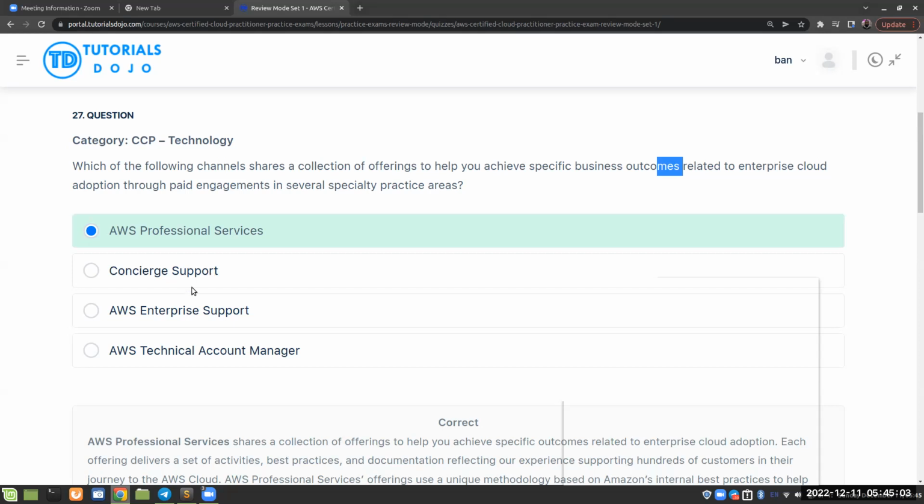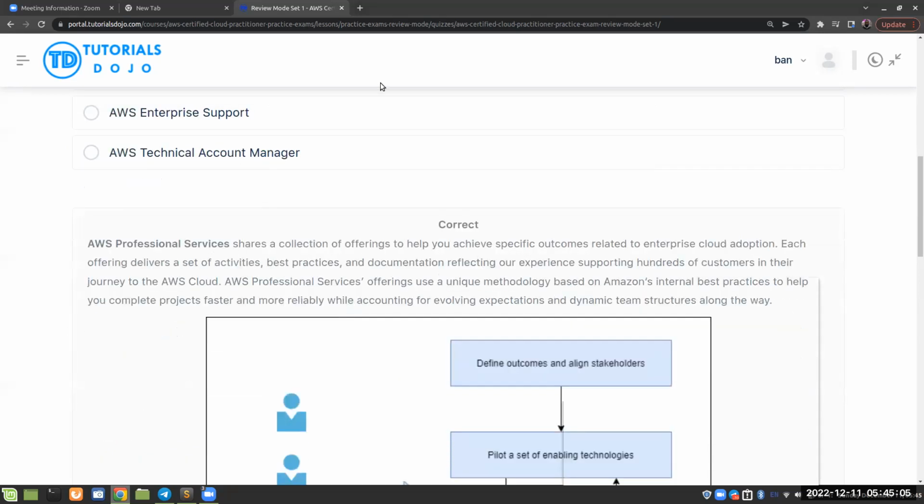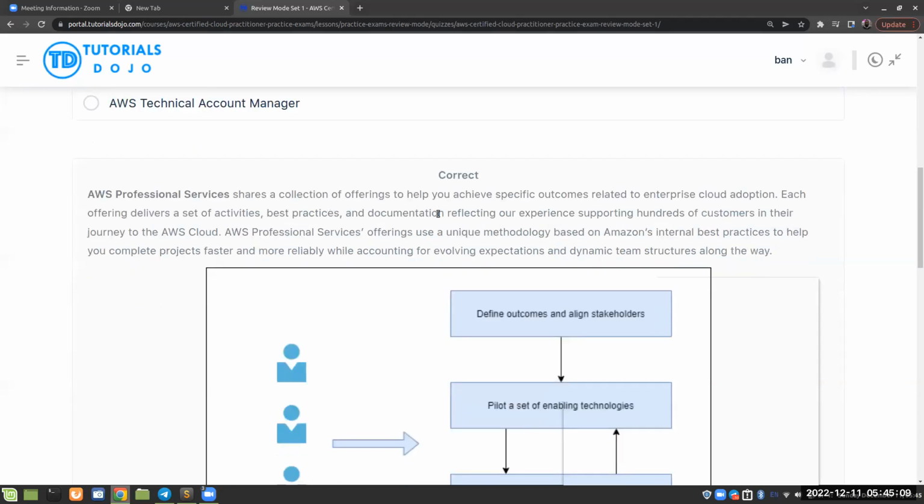But professional services, by definition, answers the question. It shares a collection of offerings to help you achieve specific business outcomes related to cloud adoption. So each offering delivers a set of activities, best practices, and documentation reflecting our experience supporting hundreds of customers in their journey to the AWS cloud.